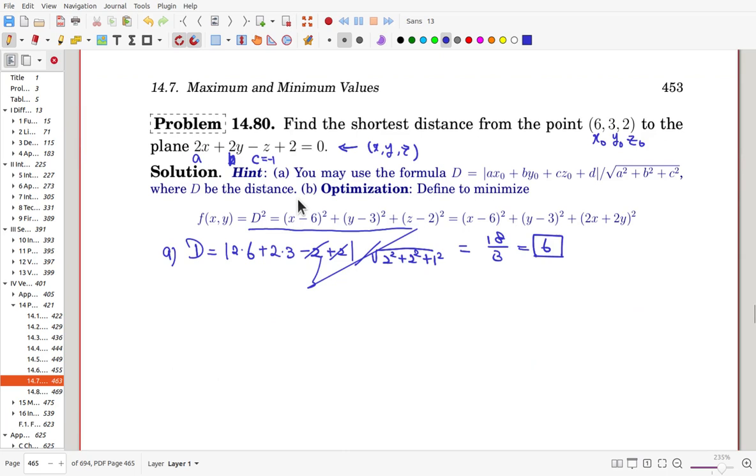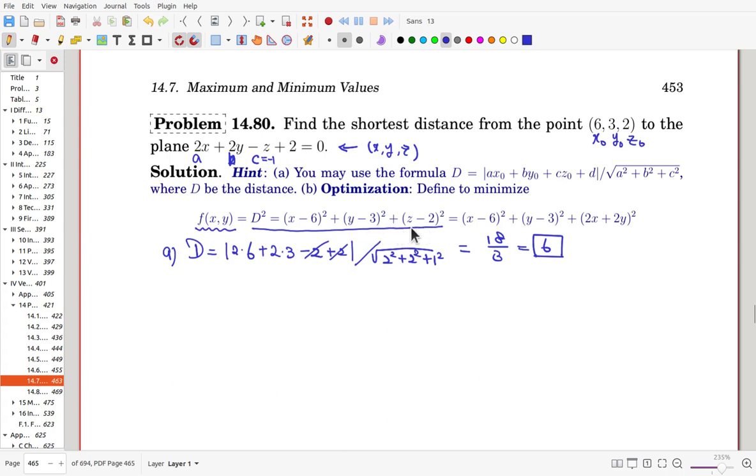Now, distance squared is given in this way, and we define this portion as f of x, y, z. Now it has 3 variables.